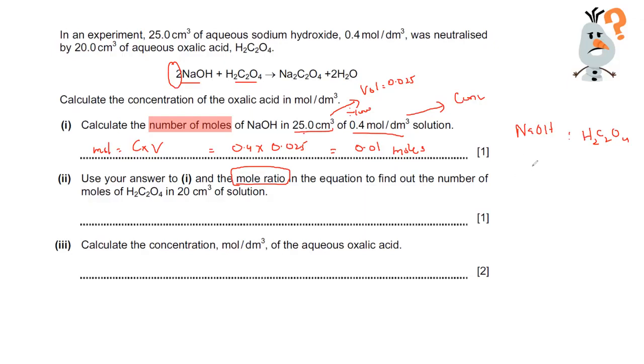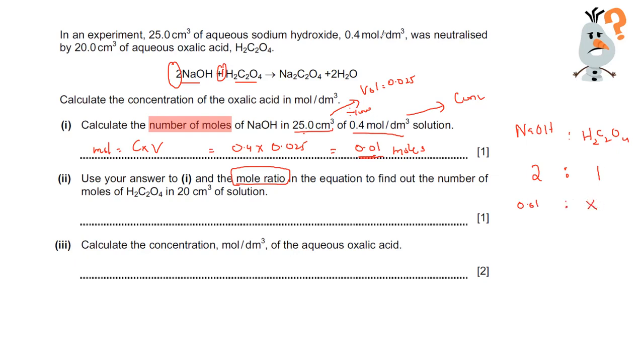That's 2. And how many moles of oxalic acid according to the equation? Because nothing is written, it means 1. So 2:1 is the ratio between them. We worked out the moles of sodium hydroxide in the previous part. If we have 0.01 moles of sodium hydroxide, how many moles of oxalic acid will there be?